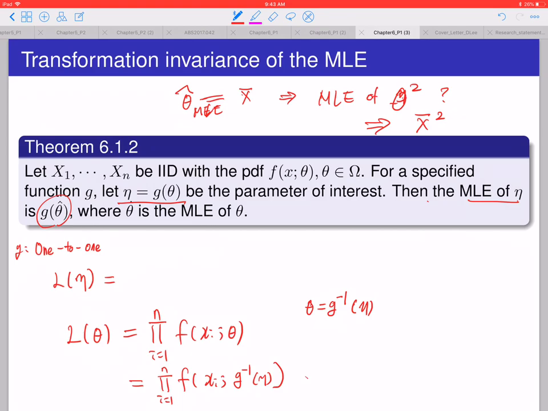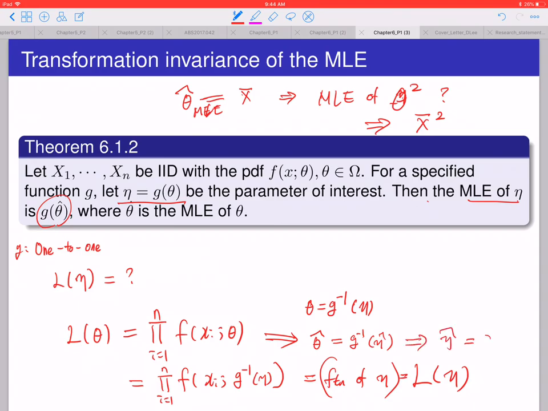Now if you view this as a function of eta, this is the likelihood function of eta. What you know is how to compute the MLE for theta. So theta hat MLE can be obtained by maximizing this, and then you only have to apply g. That means eta hat is g of theta hat.